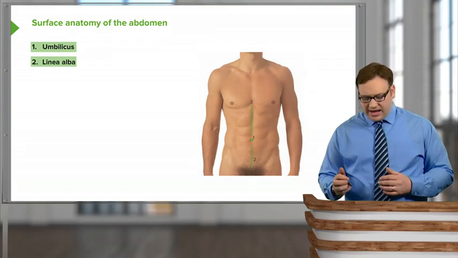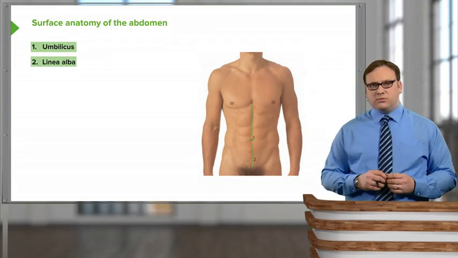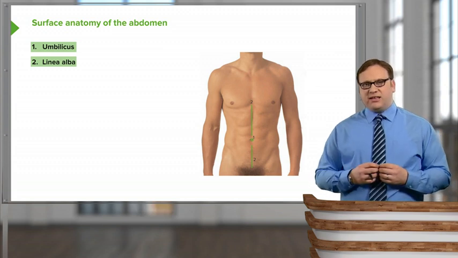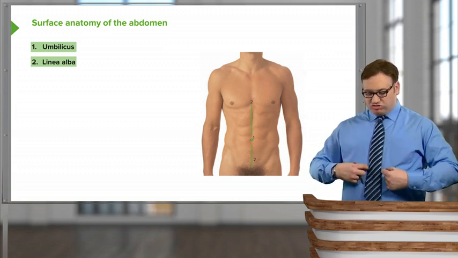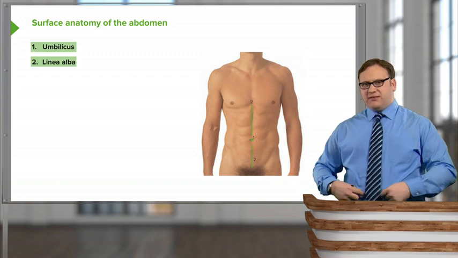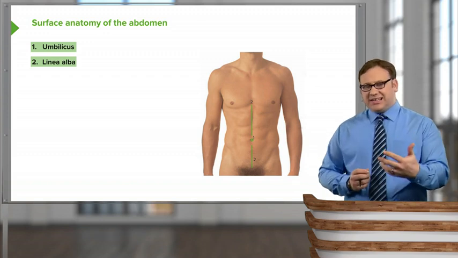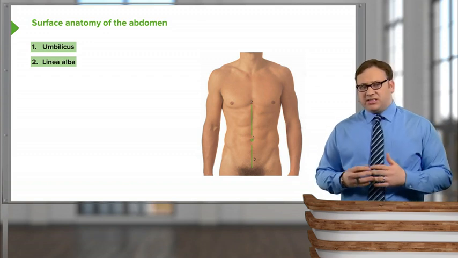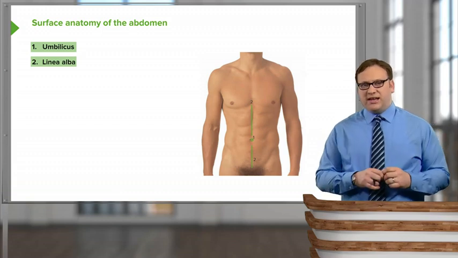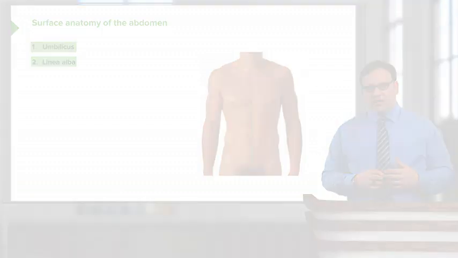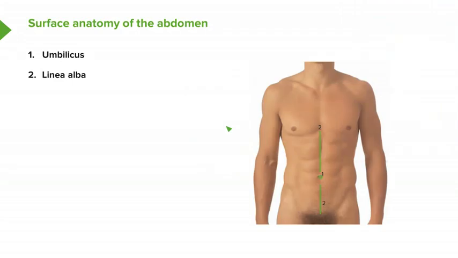Either side of the linea alba, we have a series of muscles which are radiating inferiorly down. These are running like strap-like muscles either side of the midline. And these are our six packs. Some people may be able to see them depending on how much subcutaneous fat you have under your skin, but you can see that either side of the midline we have these indentations that give this region its characteristic six-pack appearance.